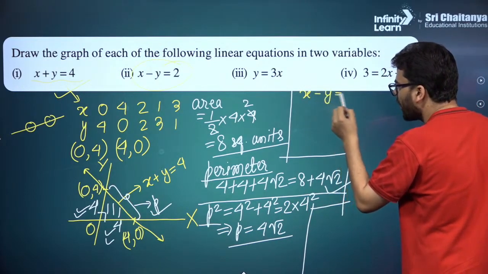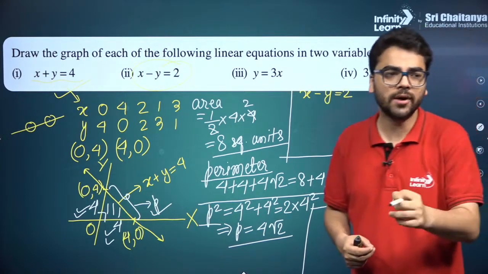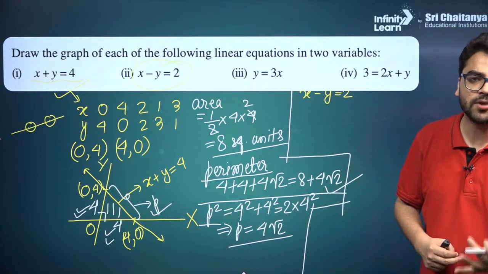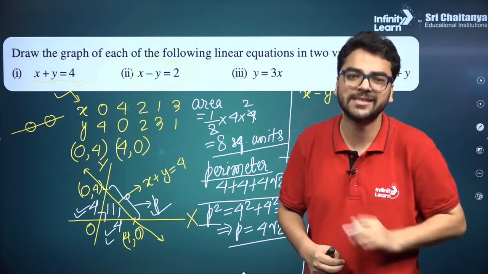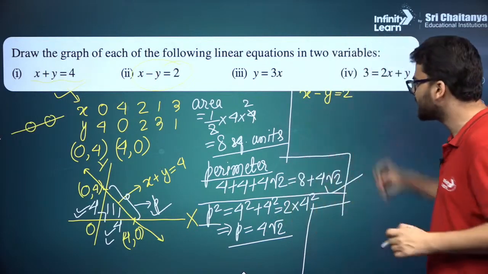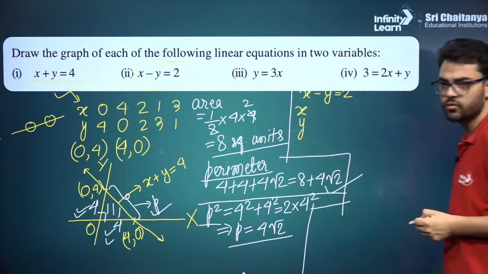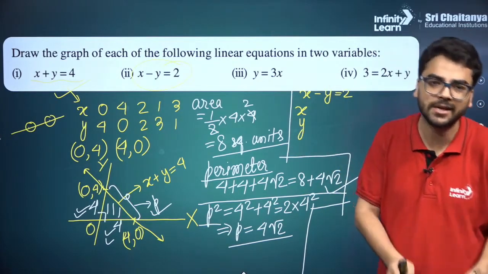So in order to draw its graph, you know that it's a linear equation in two variables, so its graph is going to be a straight line, right? And you know that a straight line can be drawn uniquely if you know the coordinates of 2 points lying on that, right? So it means basically we have to find two solutions of this linear equation in two variables and try to get simpler values only, simple integral values.